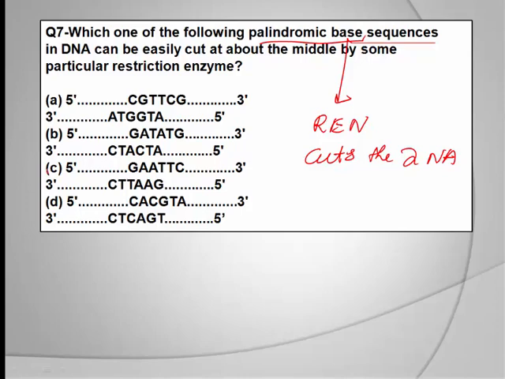And the right answer here is option C. 5' GAATTC 3' and 3' CTTAAG 5', it is the palindrome sequence, because here it is starting with G and A from 5' and from 3' it is A and G, and this particular palindrome is cleaved by EcoRI, which is a REN obtained from E. coli.